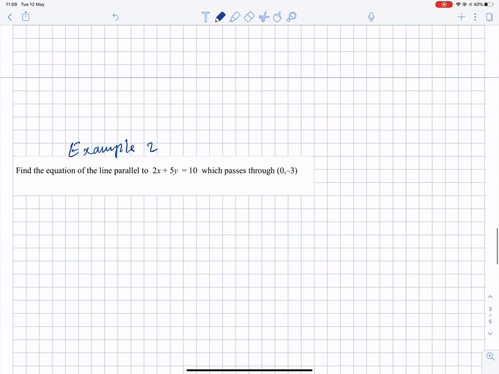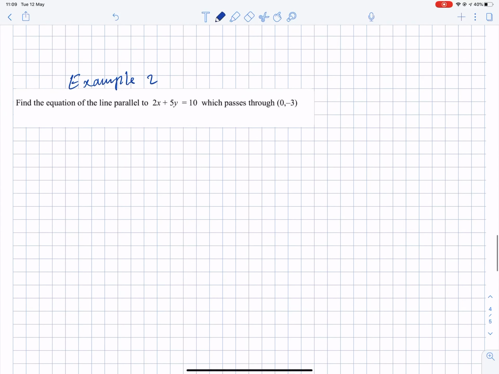Example 2. Find the equation of the line parallel to 2x plus 5y equals 10, which passes through (0, -3). Well, we have a line that is 2x plus 5y equals 10 to start with. The first thing you need to do is write this in the form y equals mx plus c.